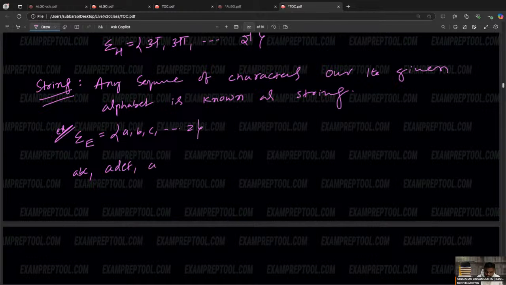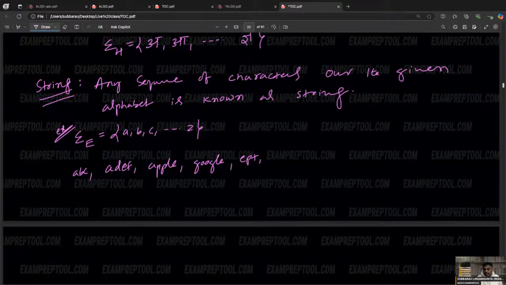Next, ADEF is one string. Apple is one string.